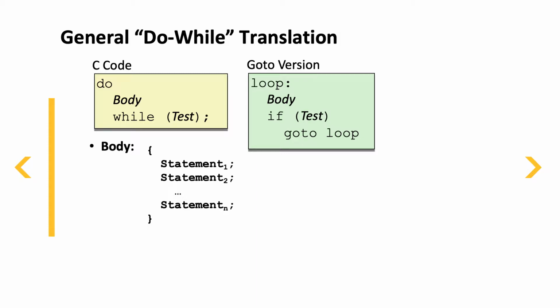So while the test is true, we keep looping back to the do and going through and executing the body. In the Goto version, we're going to add a label called loop, then we have the body, and then we just do an if test. And then if that test is true, we go to the loop label. So it's very, very simple, right? This is almost one-to-one. So it's an easy translation to do.